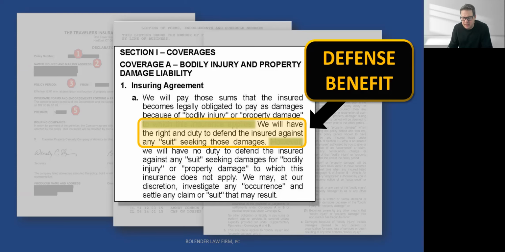The highlighted sentence is the focus of today's discussion. That's the duty to defend, the promise to furnish a lawyer to represent the policyholder in the defense of lawsuits seeking monetary damages because of defined losses.